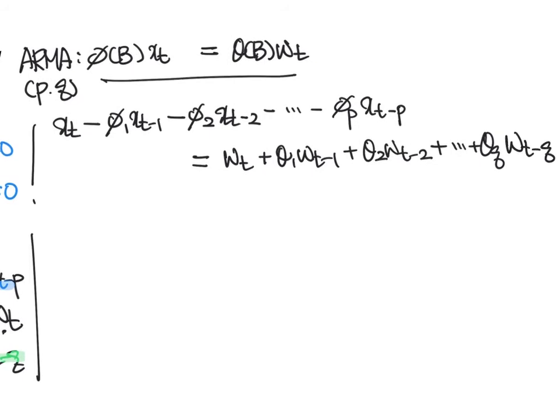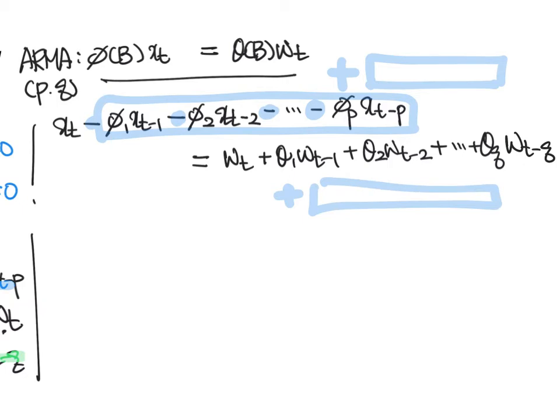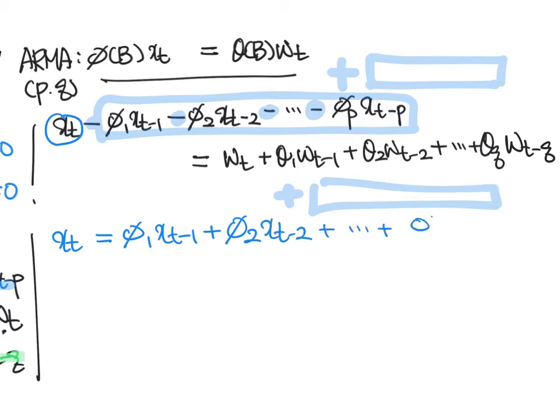Now we can take all of this, and because here are the negative signs, we just add the same thing to the other side. Then in the left hand side there is only x t, which is equal to phi 1 x t minus 1 plus phi 2 x t minus 2, up to phi p x t minus p.